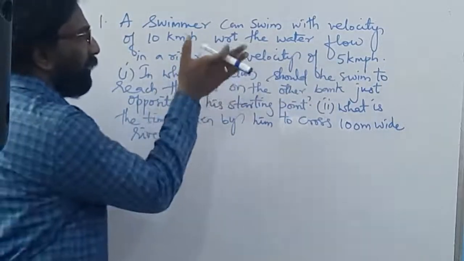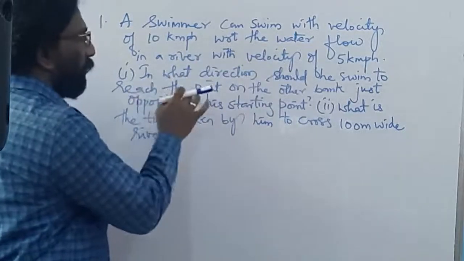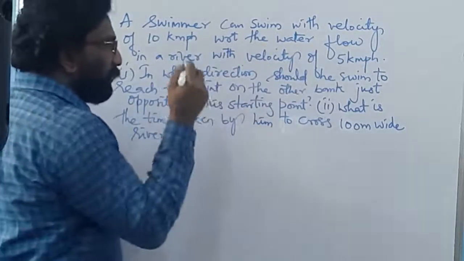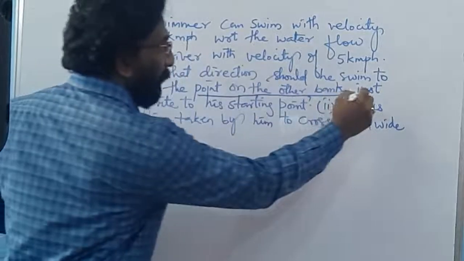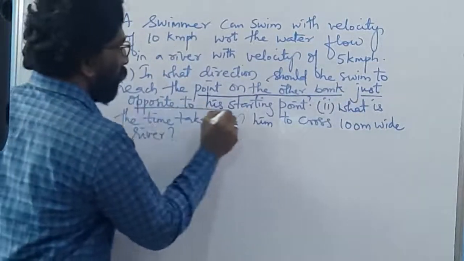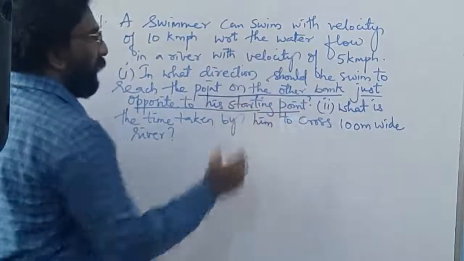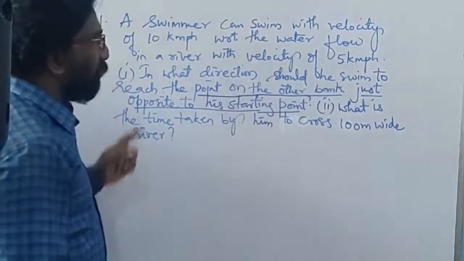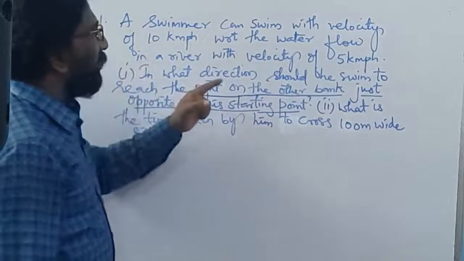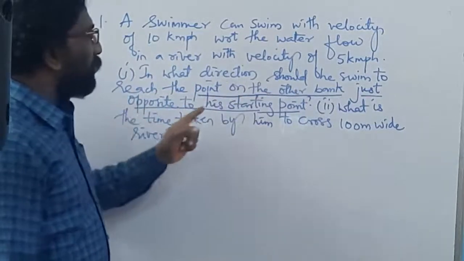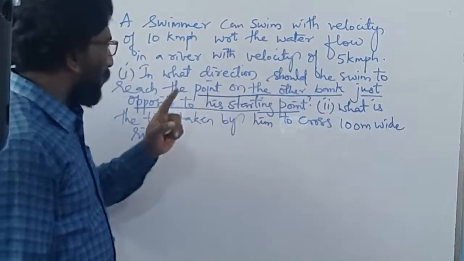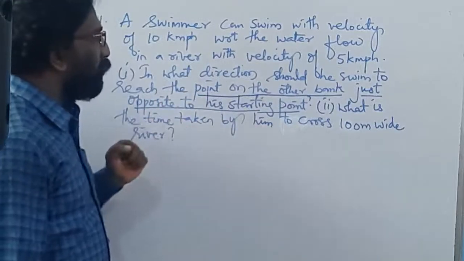In what direction he should swim to reach the point on the other bank just opposite to his starting point? This is very important. And second, what is the time taken by him to cross the river?